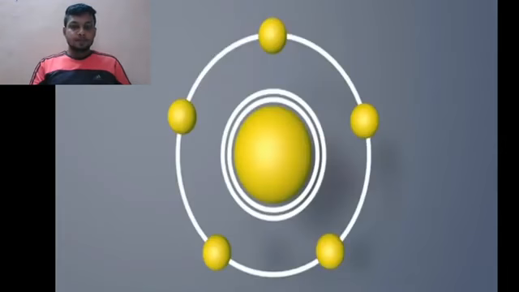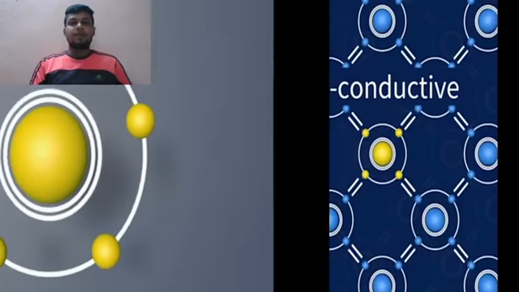Phosphorus has 5 electrons in the outer shell. So when we add this to the silicon as doping, the fifth electron is free. This means that the silicon-phosphorus crystal is n-conductive.